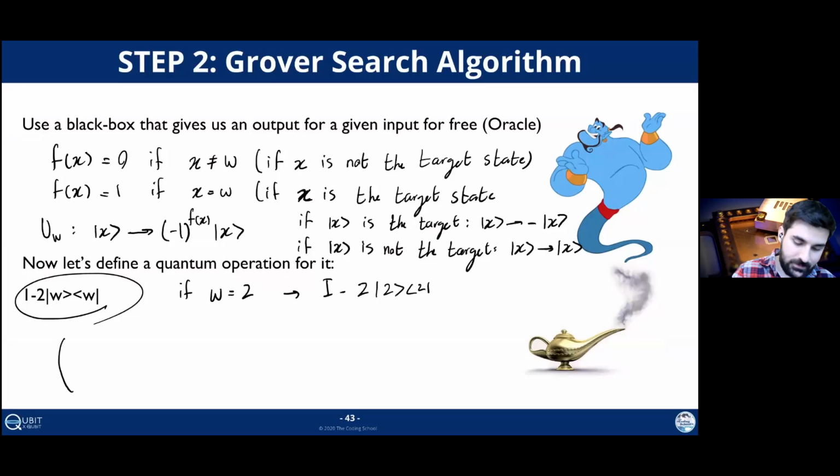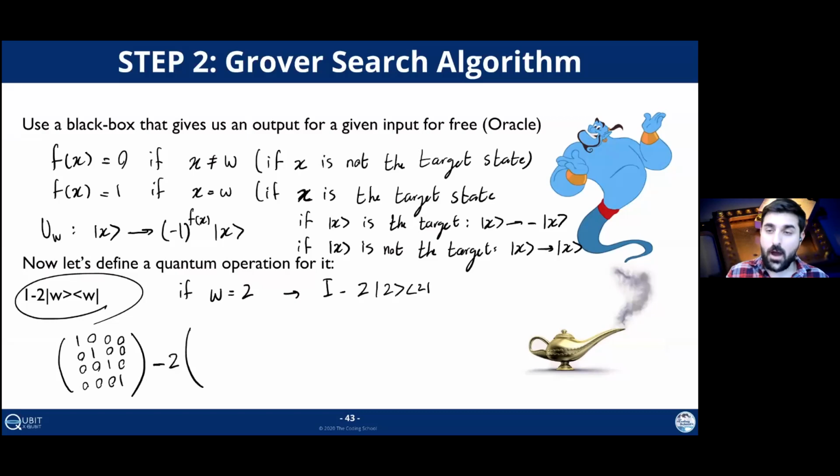So here, the identity is going to be 1, 1, 1, 1, all on the diagonals, and everything else is going to be a 0. And I'm going to have 2 times, and this |2><2| matrix is just going to be a matrix with all zeros except for the 2, 2 element. So this is the 0, 0 element. This is the 1, 1 element. Now we're going to have a 1 for the 2, 2 element, and then zeros everywhere else.